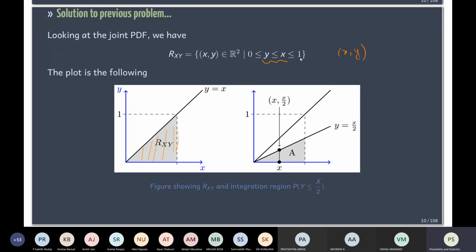Since it has to go up to 1, here we will stop. All the pairs where x is greater than or equal to y is this region. So for the moment, Rxy is this.